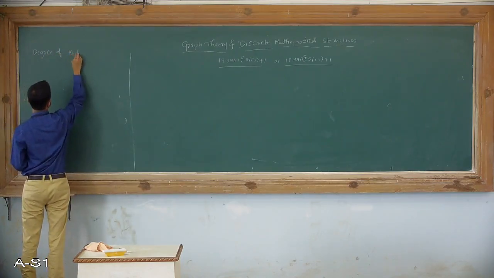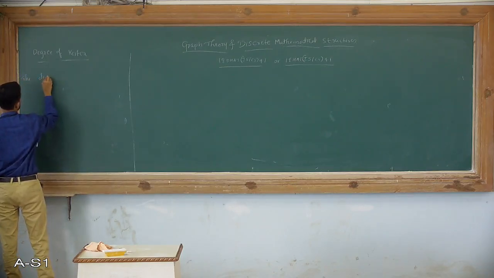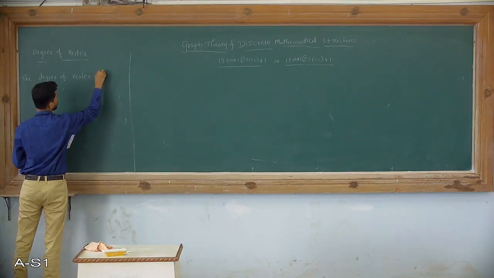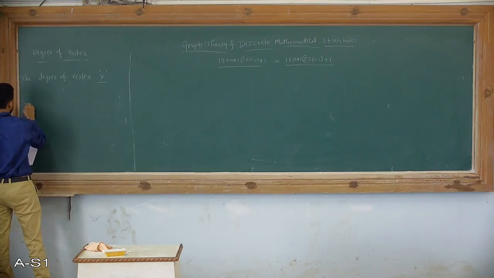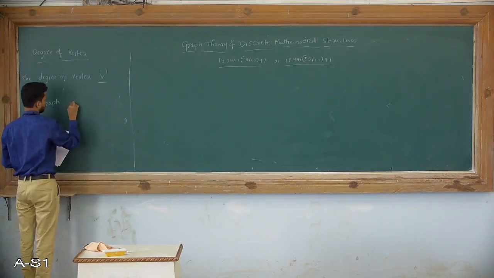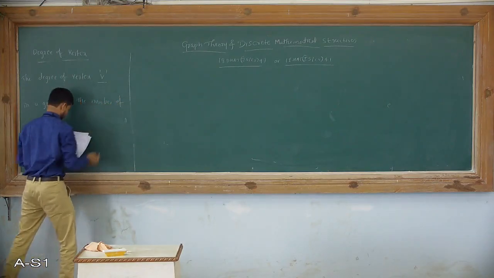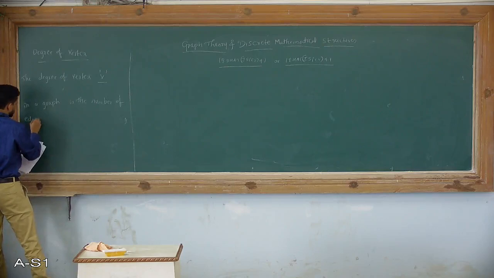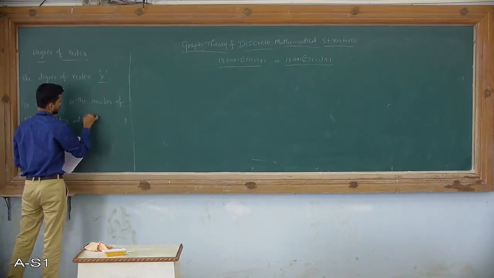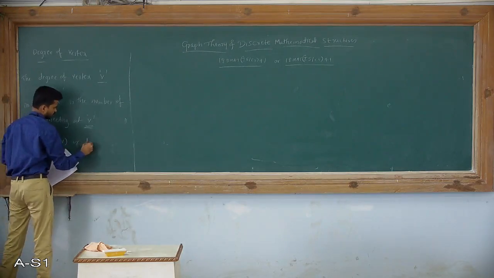The degree of a vertex V in a graph is the number of edges meeting at V, and it is denoted by degree of V or d(V).